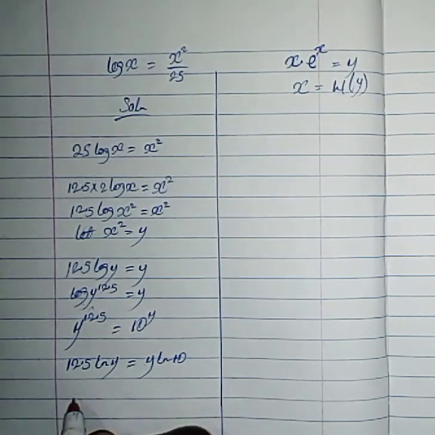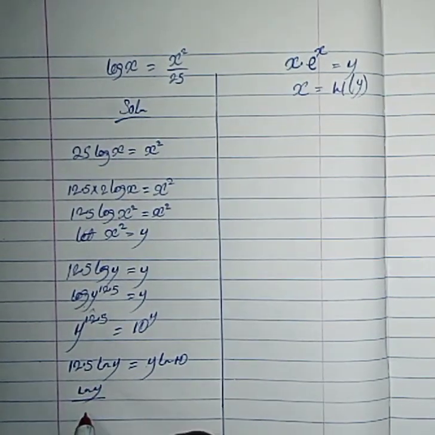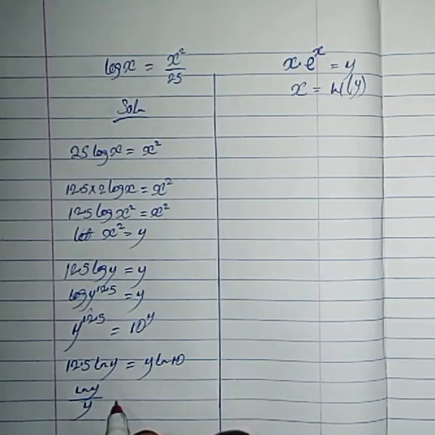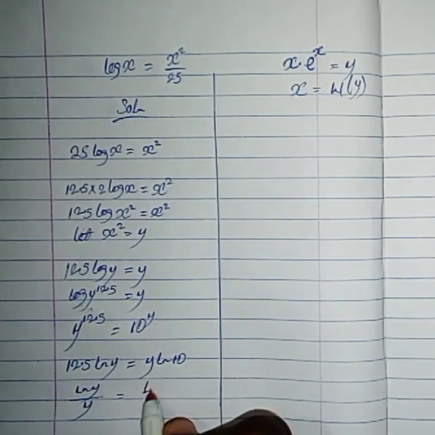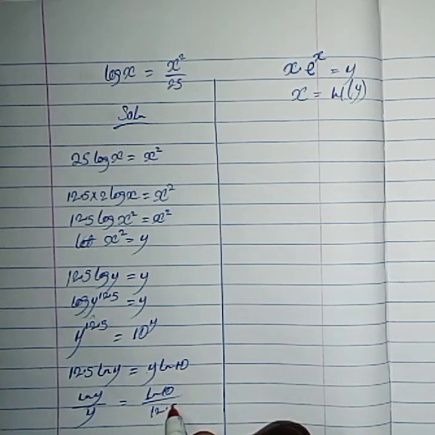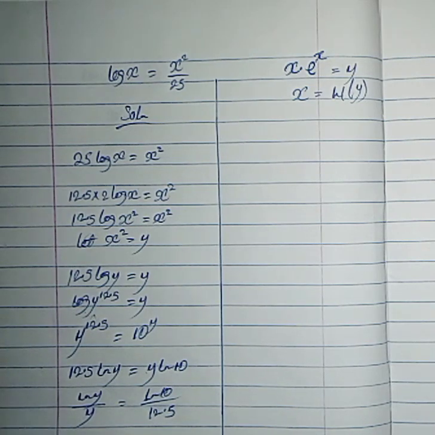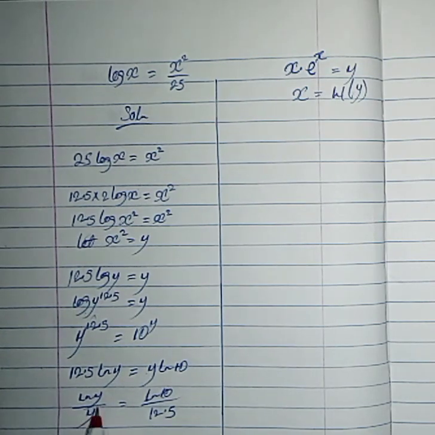So you see ln y over y is equal to ln 10 over 12.5. This is after dividing both sides by y and as well dividing both sides by 12.5.